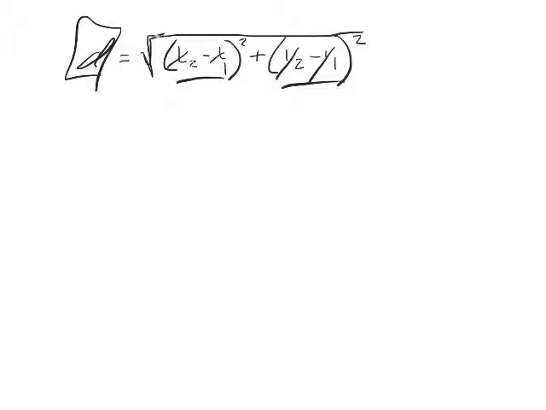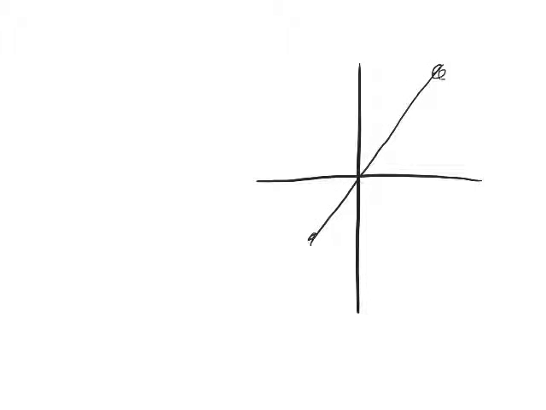So this works really handy, especially when we're working on things like a graph with 2 points. Let's say we've got a point there and a point here, and we want to find out how far it is from there to there. Well, if we find out how high they are from each other and how far left to right they are from each other, we can use our distance formula and find out.